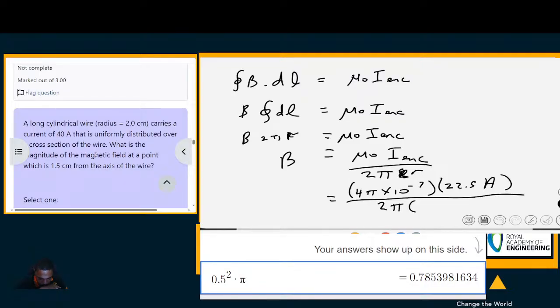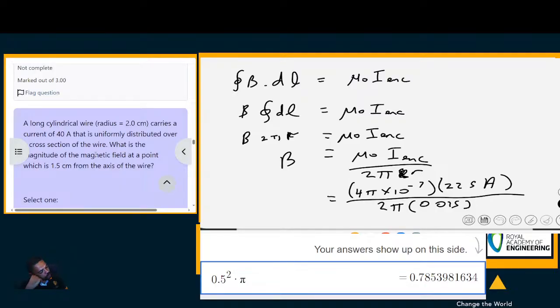Yes. No, it's still small r. So this will be small r, 0.015. Squared? No, not squared in this case.